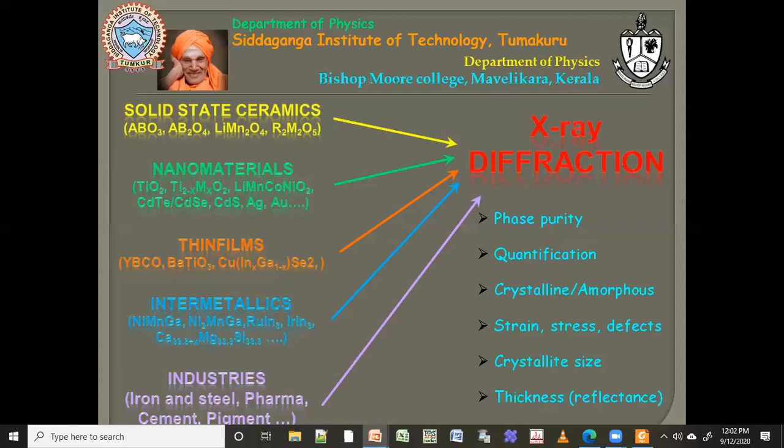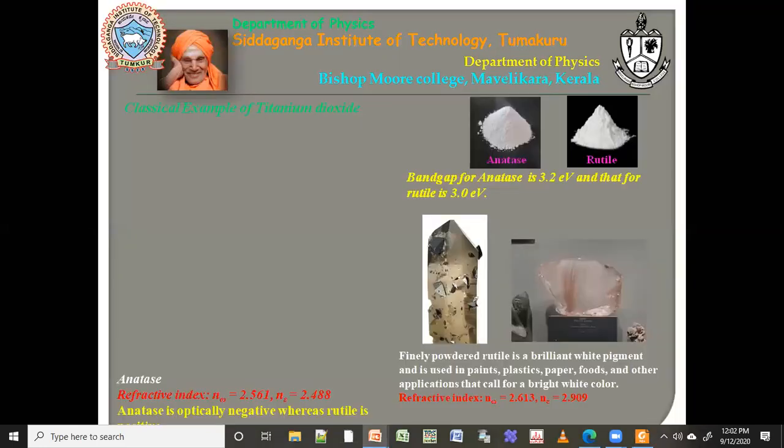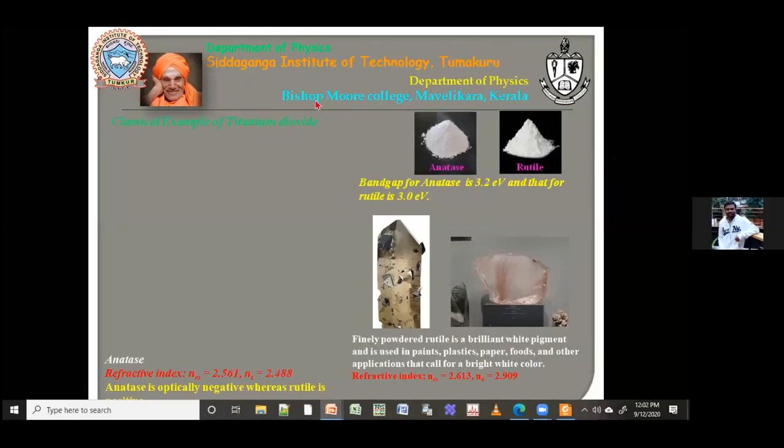First classical example is titanium dioxide. Most of the people would have known about this titanium dioxide, so that is the reason I am giving this example. If you take titanium dioxide, there are different phases like anatase, rutile, brookite.